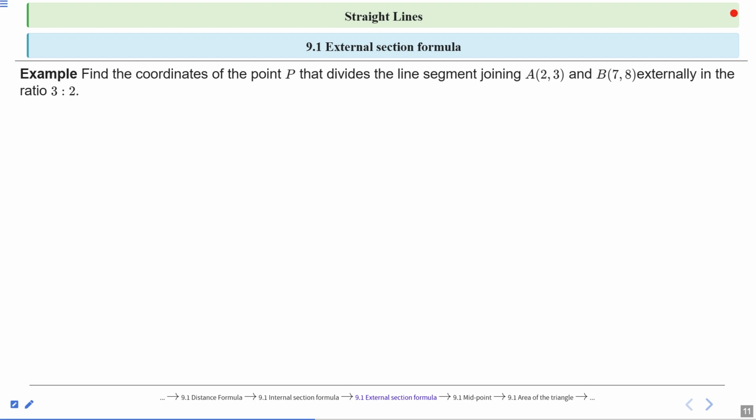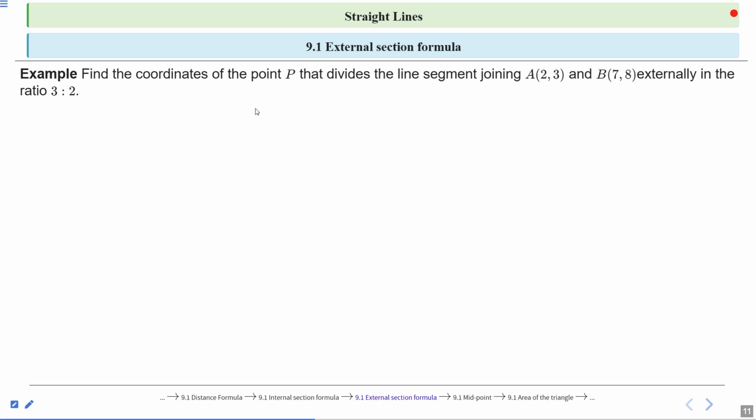So let us take an example related to the external section formula. Okay, so see this example. In this example, we have to find the coordinates of the point P that divides the line segment A(2, 3) and B(7, 8) externally in the ratio 3:2.